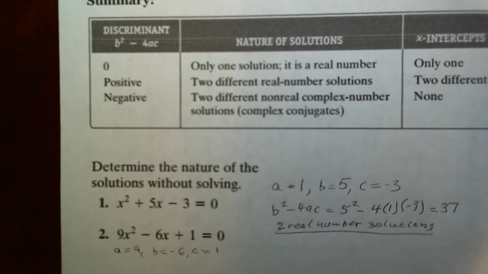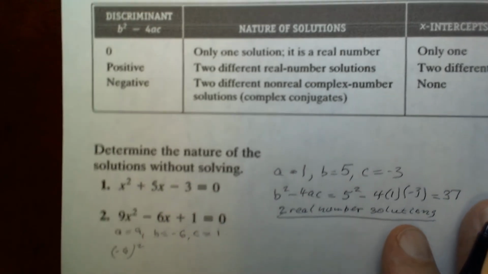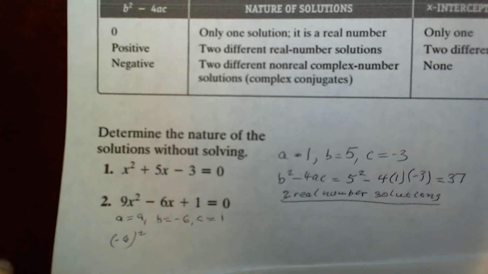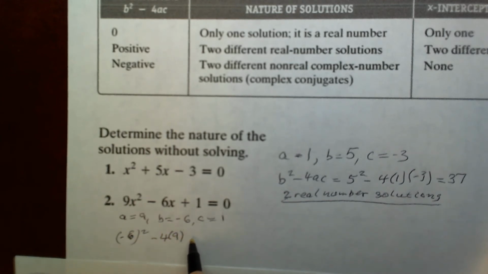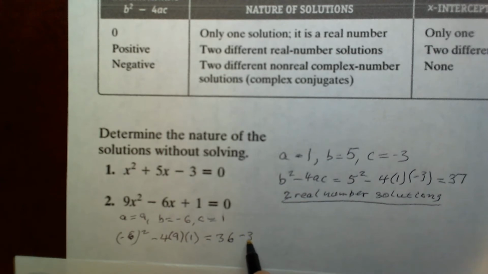Then b squared minus 4ac would be minus 6 squared minus 4 times 9 times 1, which is 36 minus 36.